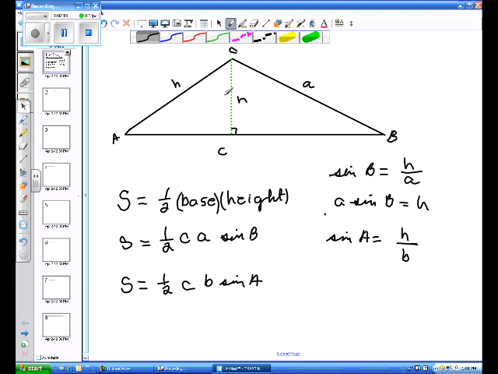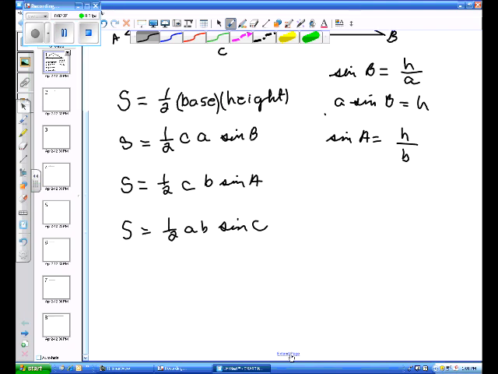And we could drop our altitude to a different base, and we would find that the area was equal to 1/2 ab times the sine of angle C. So here's a formula for finding the area of a triangle based upon two sides and the included angle. It's 1/2 the product of the two sides times the sine of the included angle, and we can find our area.